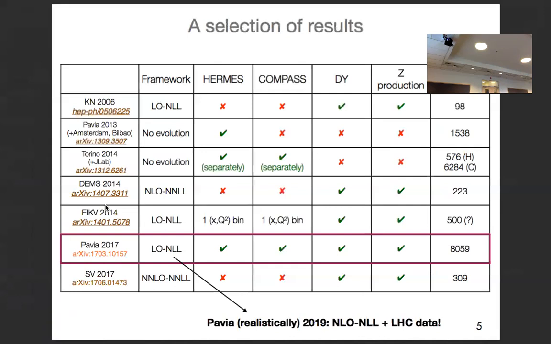Where there is no evolution, it means that the data have been fitted separately for each collaboration, so there is no evolution over Q squared of the theoretical contributions. And where you see next-to-leading log, next-to-leading order, this is the most advanced from the theory point of view that you can reach at present for this kind of fits.